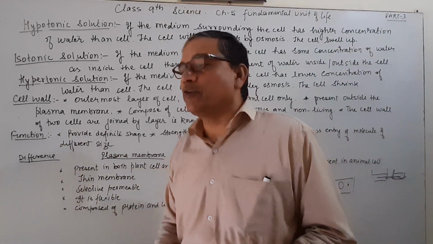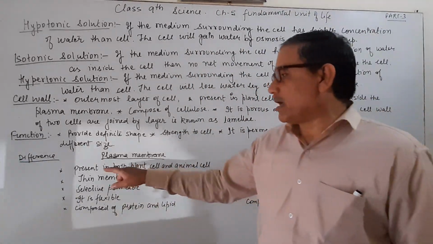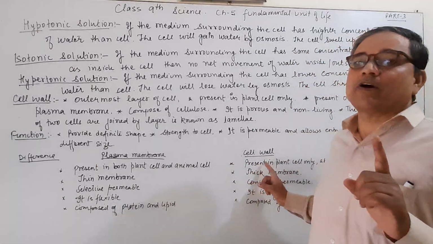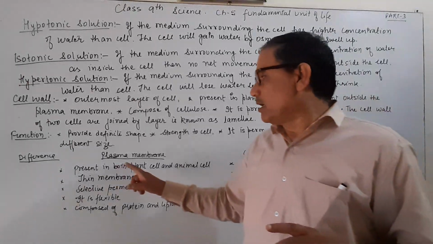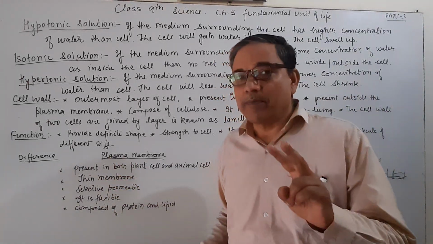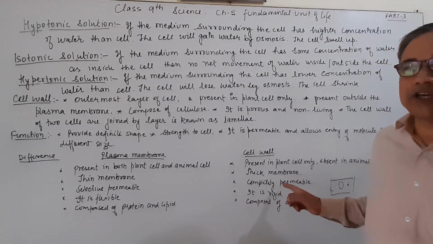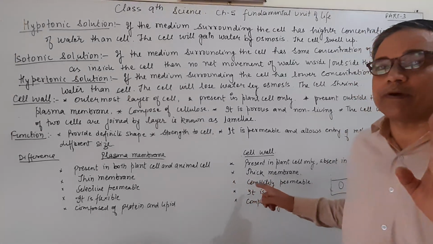And what is the difference between plasma membrane and cell wall? Plasma membrane is present in both plant and animal cell, and cell wall is present only in plant cell, absent in animal cell. Plasma membrane is a thin membrane, whereas cell wall is thick. Plasma membrane is selectively permeable; cell wall is completely permeable.